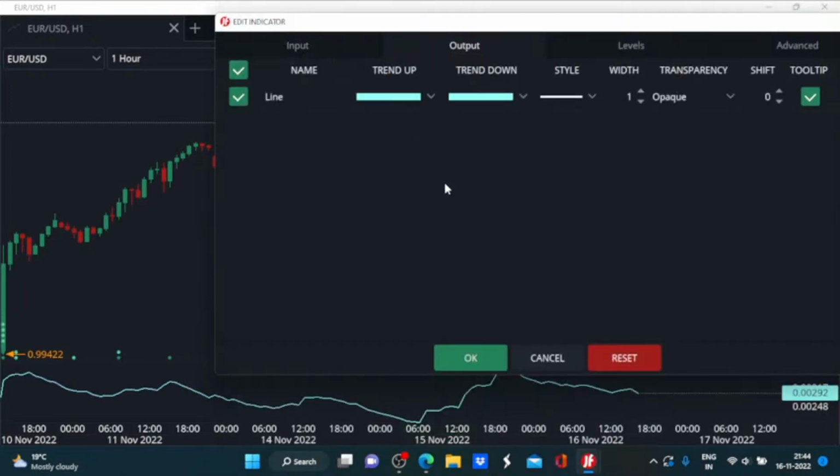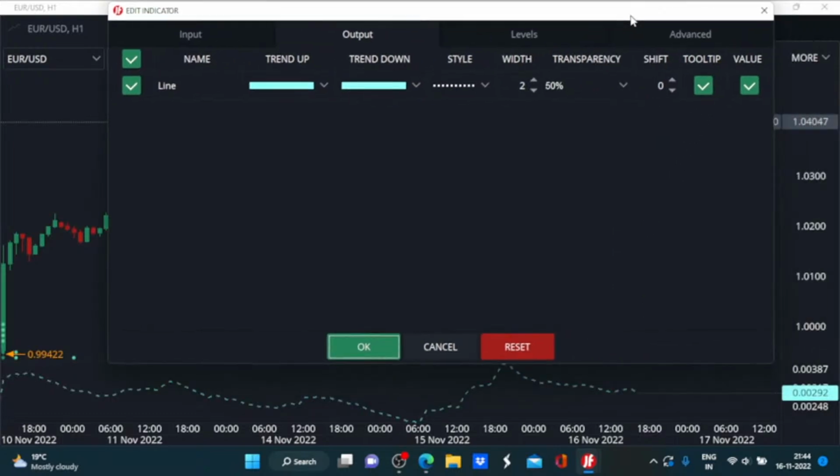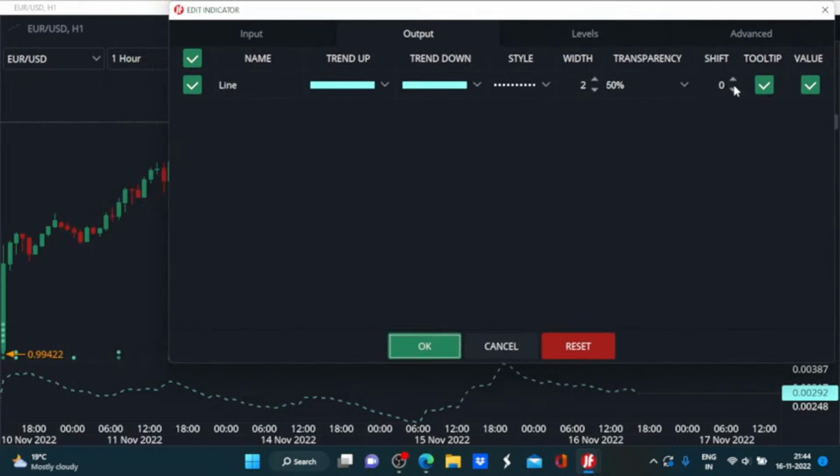Okay, so this is looking a lot brighter. Width can be increased or decreased. Transparency can also be varied. Shift value.